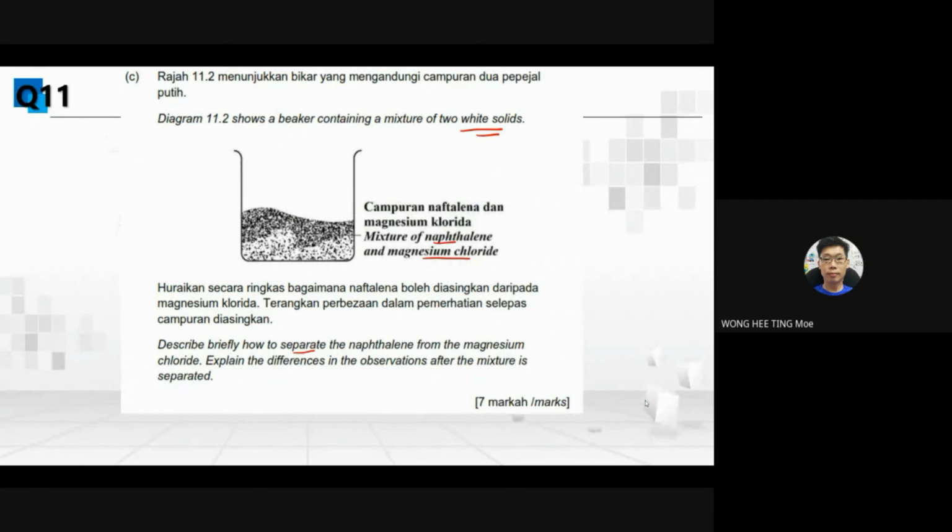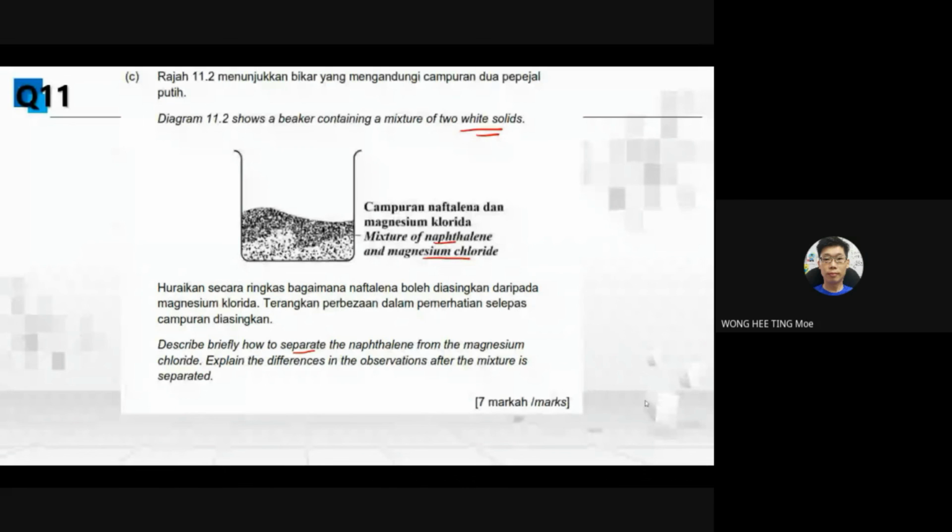Add water first. Filtering directly cannot be done because both are solid. So stir the mixture with a glass rod, then filter the mixture with filter funnel and filter paper.